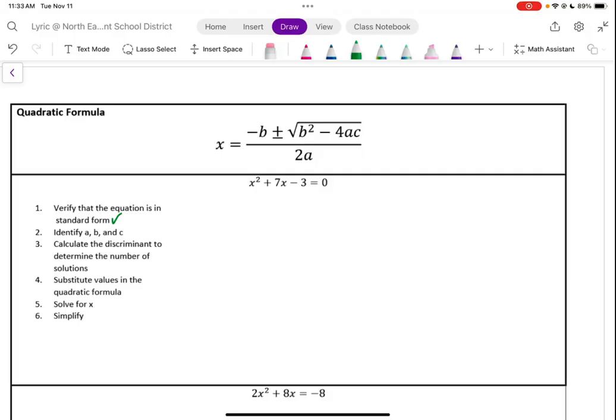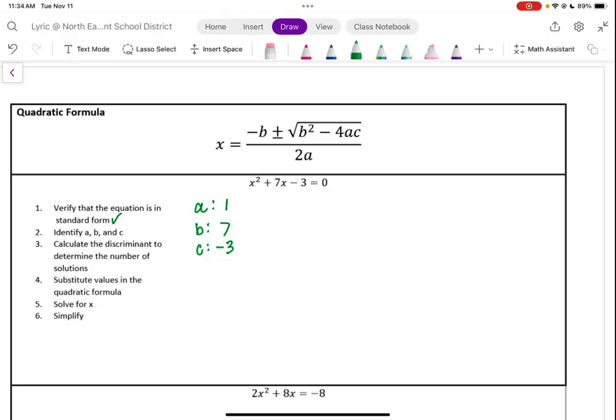So let's start with A. A is 1, B is 7, and C is -3. Don't forget that sign. Step 3, identify the discriminant to determine the number of solutions.